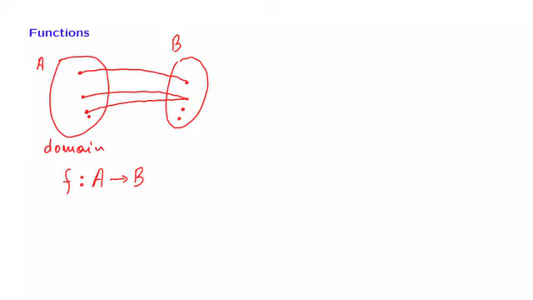Now, I said that a function is a rule that assigns points of A to points in B. But what exactly do we mean by a rule? If we want to be more precise, a function would be defined as follows. It would be defined as a set of pairs of values.